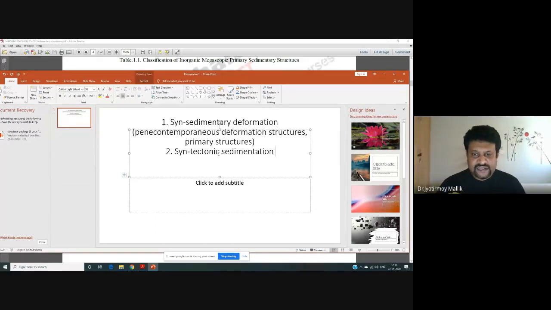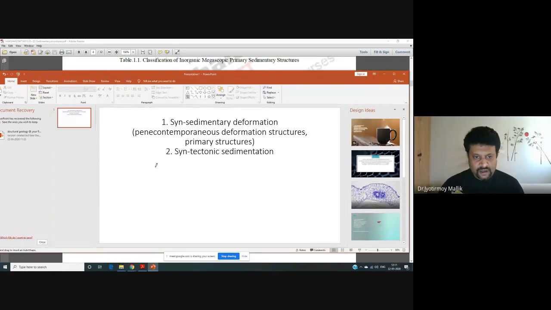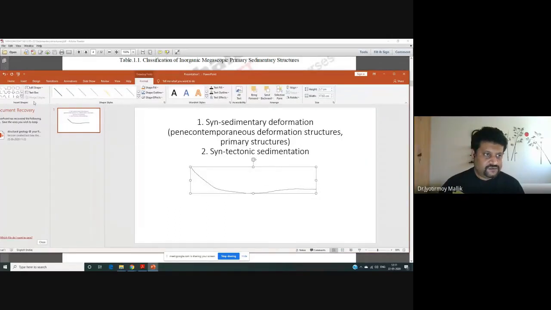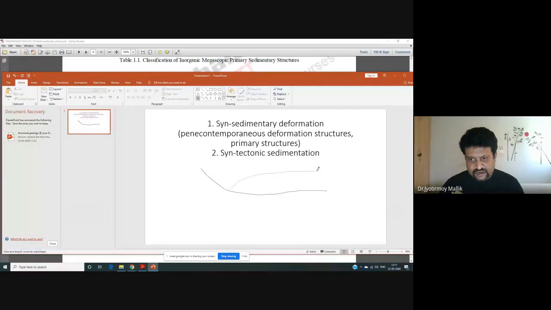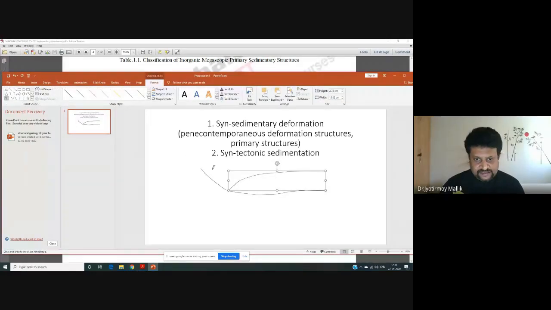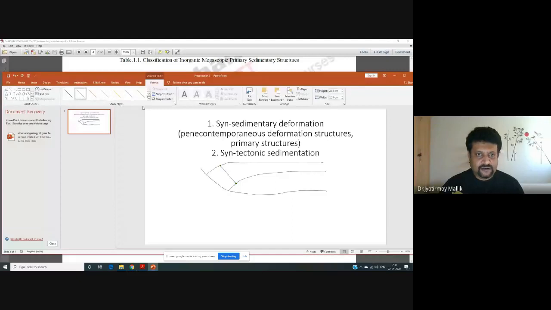So syntectonic sedimentation is primarily referred to, you remember we talked about the development of listric fault, and while the listric fault forms, we said that we develop growth strata, which is thicker closer to the fault and thinner away from the fault.